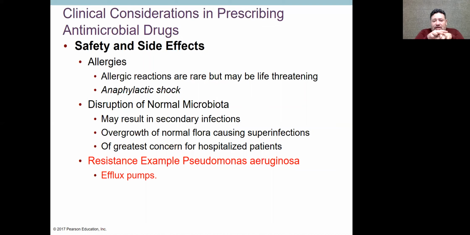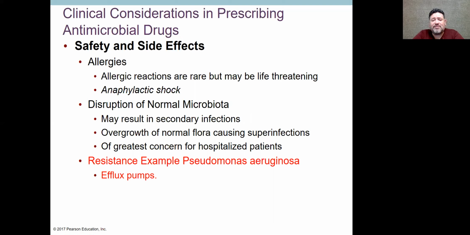Just two more things I wanted to tell you before we finish this chapter. One is the role of efflux pumps. Okay, one example of an organism that uses efflux pumps is the opportunistic microorganism Pseudomonas aeruginosa. Pseudomonas can actually grow in a vial containing antibiotics, which is very scary.